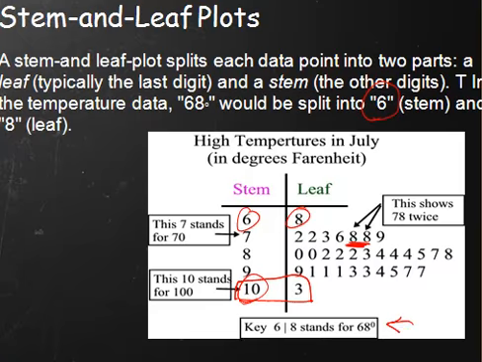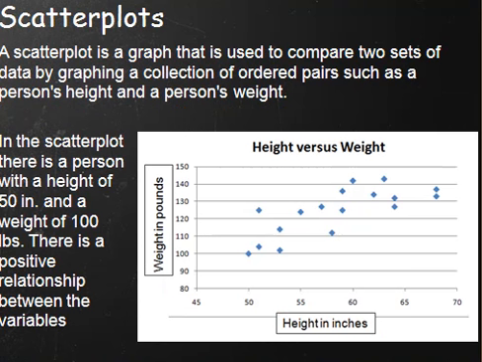A scatter plot looks at a way to compare two data points of a particular person or some related object. For example, our scatter plot looks at a person's height and a person's weight and plots them as ordered pairs. Therefore, we have one individual that has a height of 50 inches and a corresponding weight of 100 pounds.